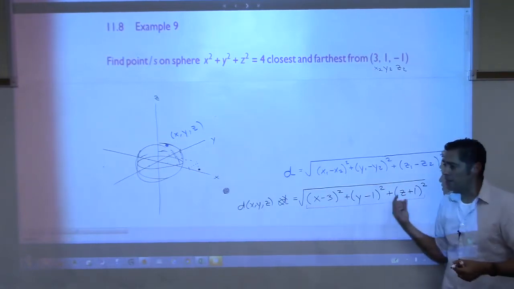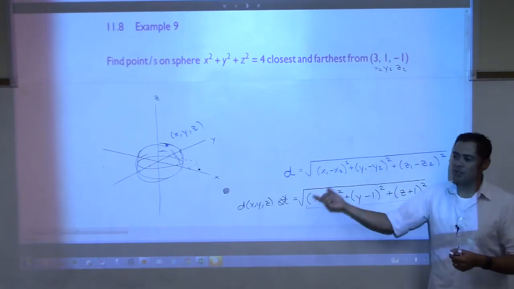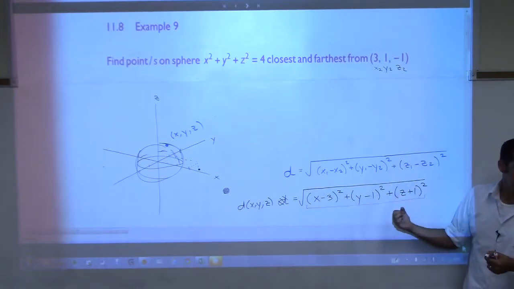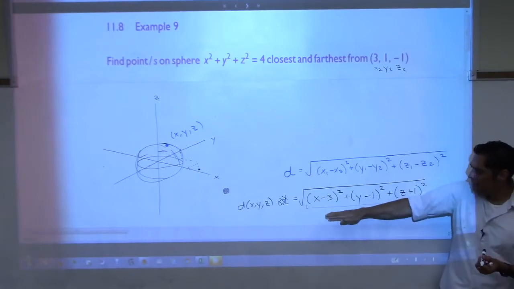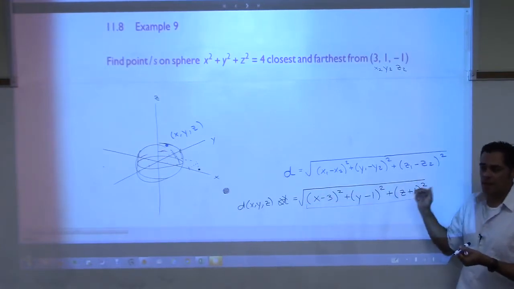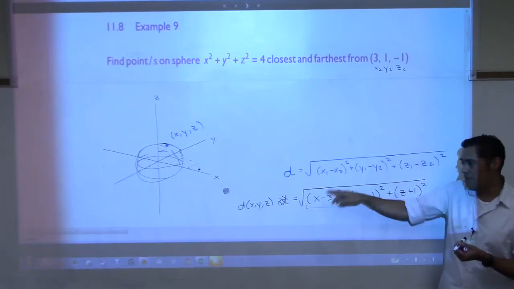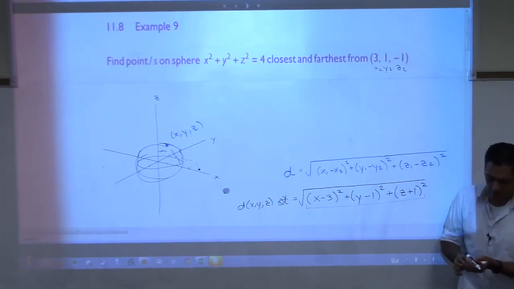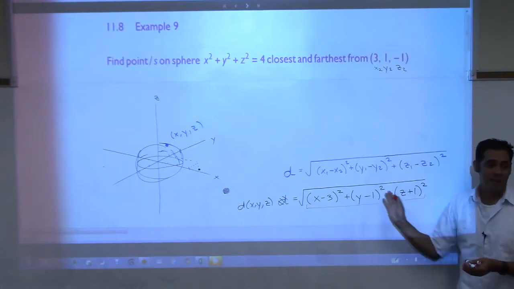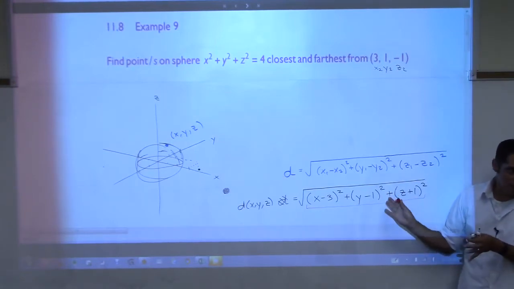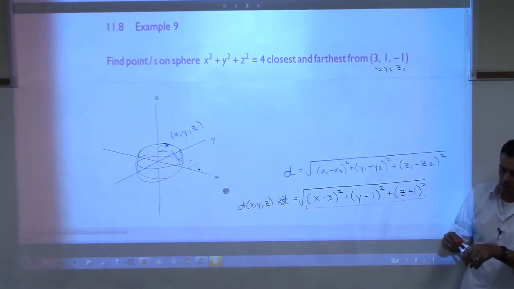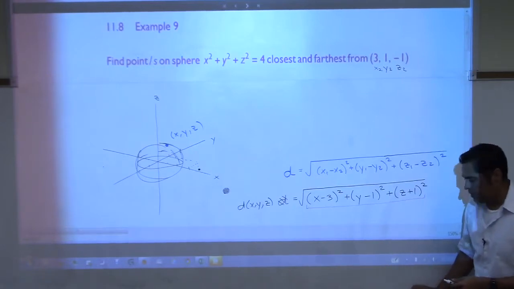And if I can make this as small as possible, then taking the square root will still be the smallest I could get. Does that make sense? The biggest this red thing can be is the biggest the root of it can be. The smallest the red thing can be is the smallest the root of it can be. Now, if some of these things were negative in here, this would not necessarily work out the same way. We would have a little bit of an issue. We would have to pay attention.